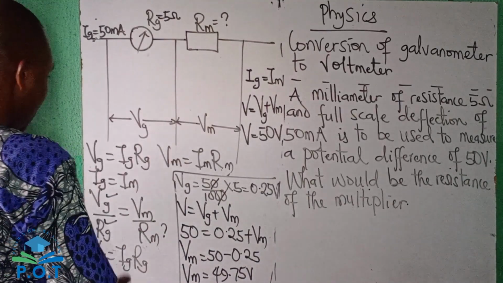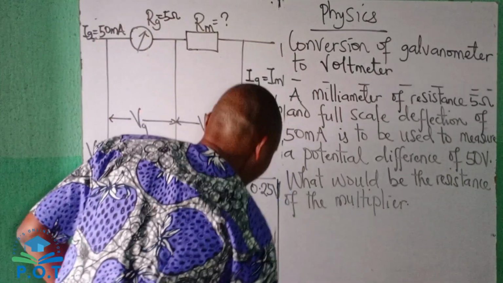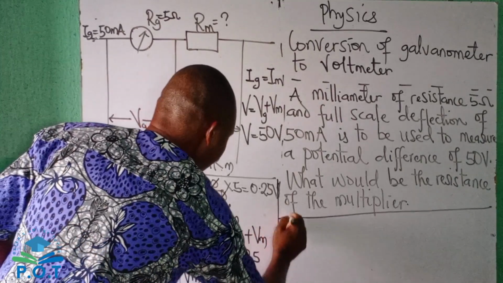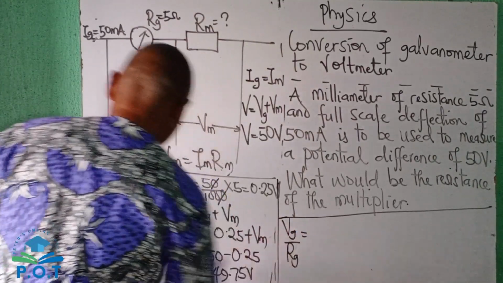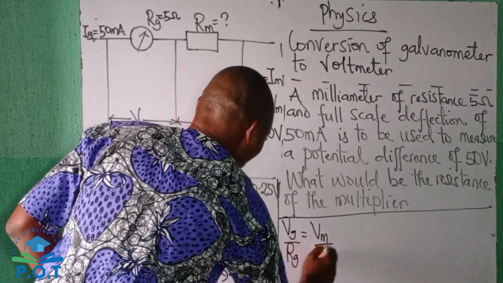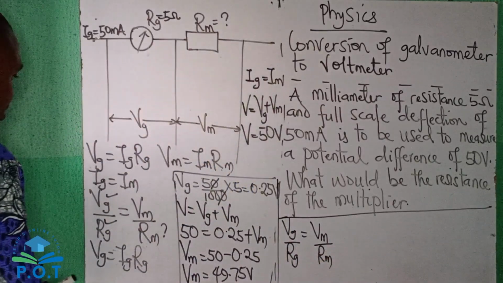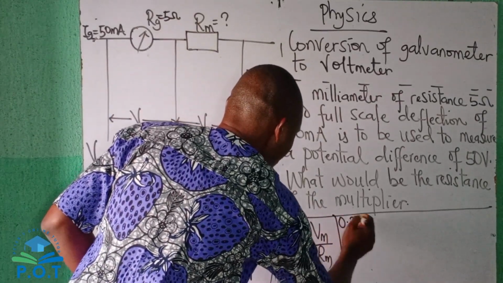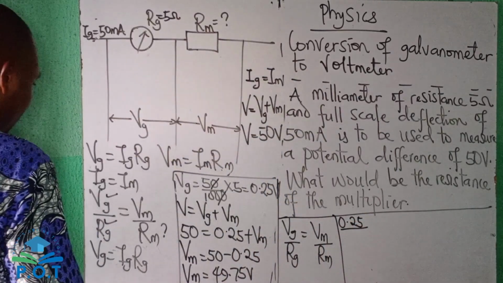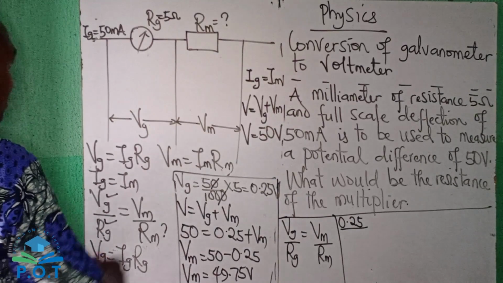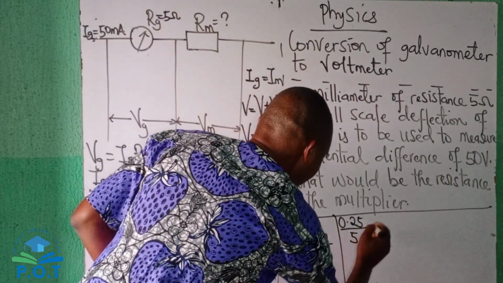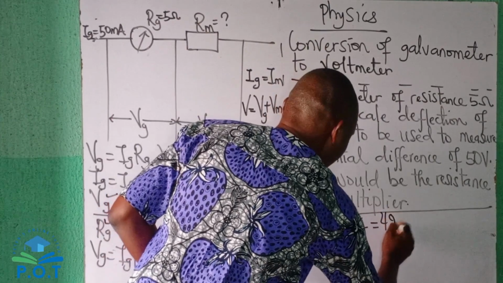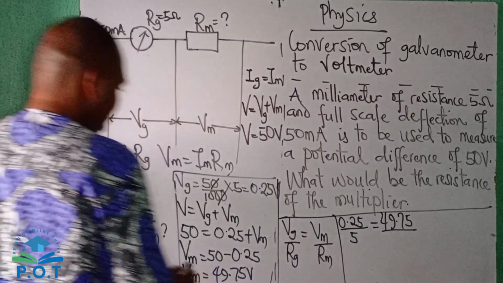Now let's see what we can do to get our Rm. Come back here. It means that my Vg over Rg equals Vm over Rm. My Vg is given to me as 0.25, over my Rg, which is given as 5, equals my Vm, which is 49.75, over my Rm.